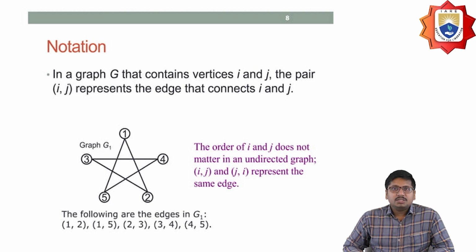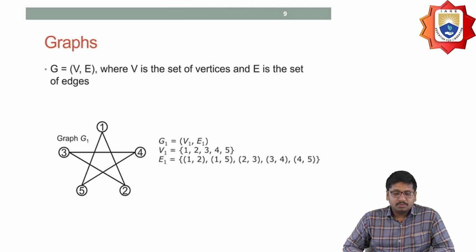And the notation: in a graph G, which has a set of vertices, the edge is represented as connecting vertices u_i and u_j.